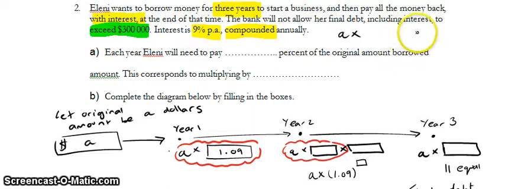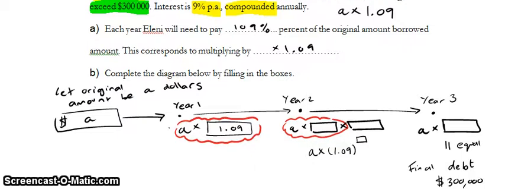And an increase of 9% corresponds to multiplying by 1.09. If you add 9%, it's the same as timesing by 1.09. If you don't believe me, you should try both. So to pay 109% of the original amount, this corresponds to multiplying by 1.09.